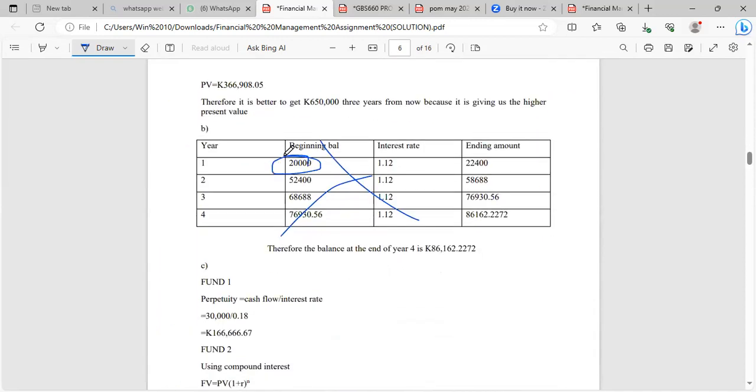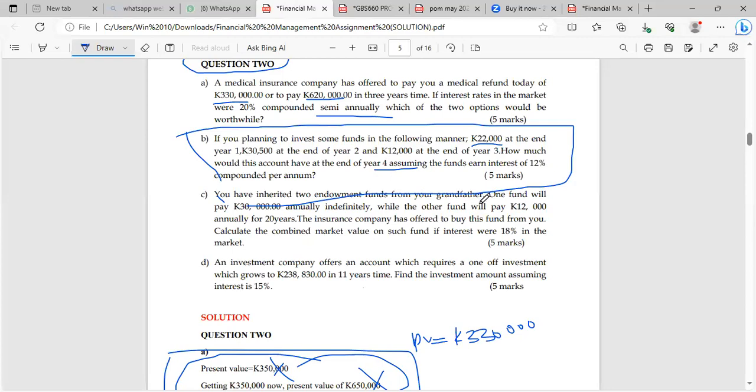All right, so forget about that. What is happening here is you need to come up with the revised one. The interest rate is 12%, so we're just accounting for the given year, earning interest of 12% compounded per annum.